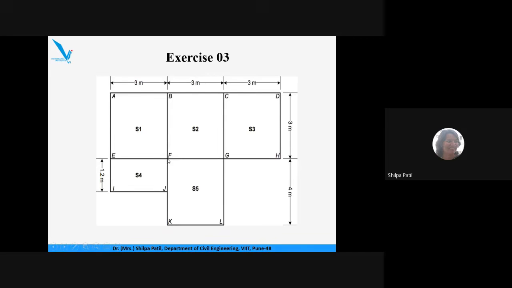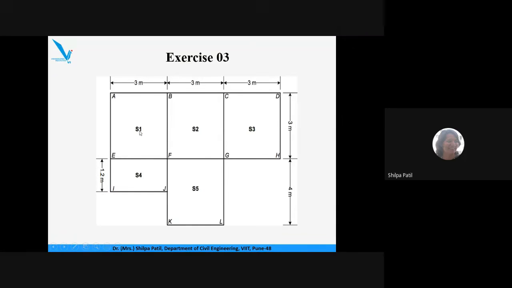Now when we design column F, in your term work what you are exactly expected to do is that you have to first design the slabs. You will complete first the design of S1 slab, S2 slab, S3, S4, S5. Then whatever load is coming from the slab, you will transfer to the corresponding beams.